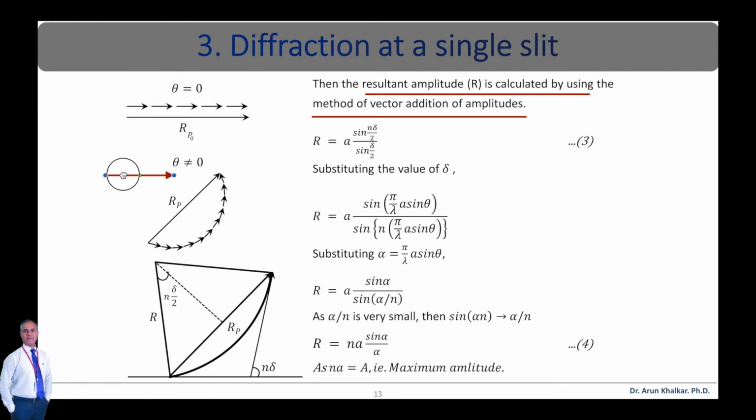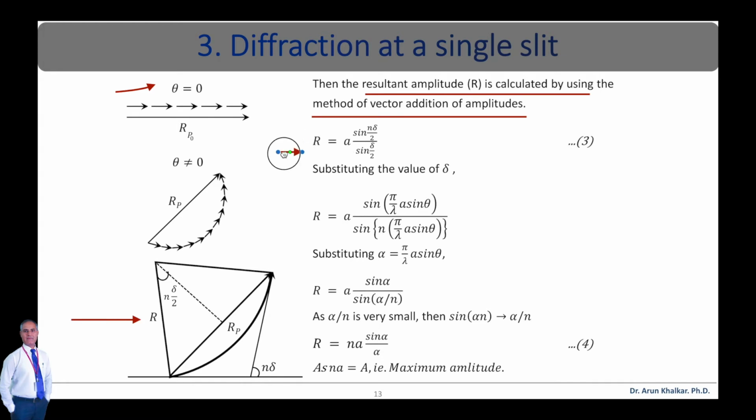Now consider a diffracted wave which is diffracted with angle theta and an arc of its wavelet as shown in this figure. Here side r can be calculated with the help of this angle. According to trigonometry we can write r is equal to small a into sine of n delta divided by 2, divided by sine of delta divided by 2.